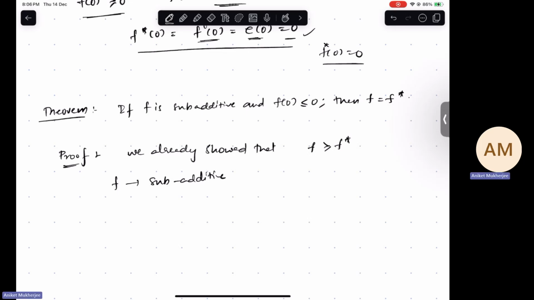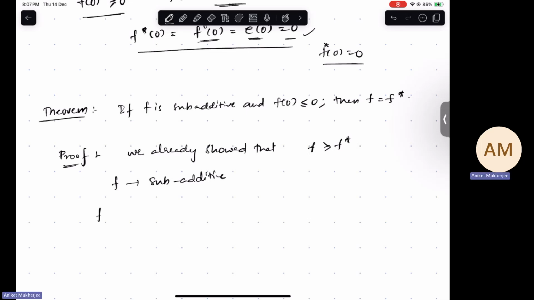If f is subadditive, right? So we know that f is subadditive.